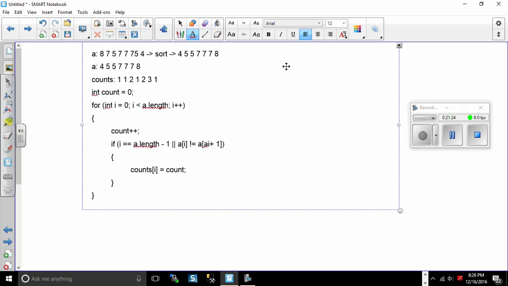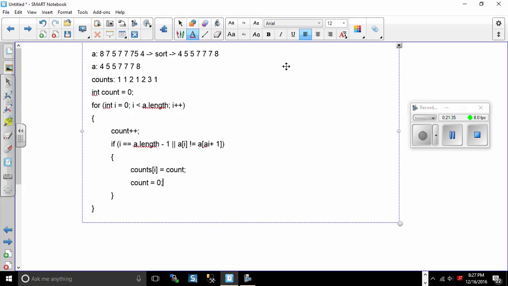Then we set count back to 0. So you can see that the count is like an accumulator for the number of elements which are alike. When the next element is different, we bump count back down to 0 and restart the accumulation. And this happens after the sort.